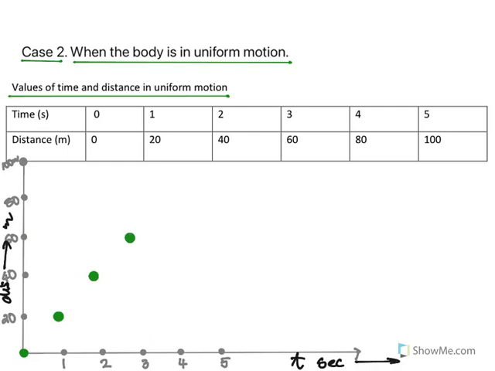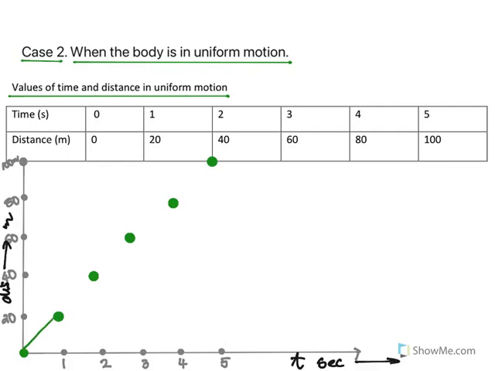So it's somewhere here. Next, time 4, distance 80. And last, time 5 seconds, distance 100, and that would be 5 seconds here, and the distance 100, so somewhere here.